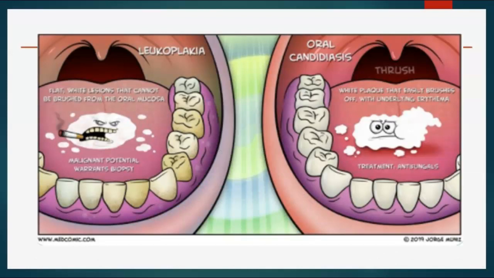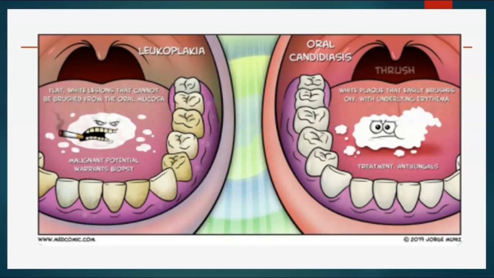So here's a comparison of leukoplakia to oral candidiasis or thrush. With leukoplakia, it's a flat white lesion that cannot be brushed from the oral mucosa. It's potentially malignant or can develop into a malignancy, so a biopsy is warranted if this is seen.